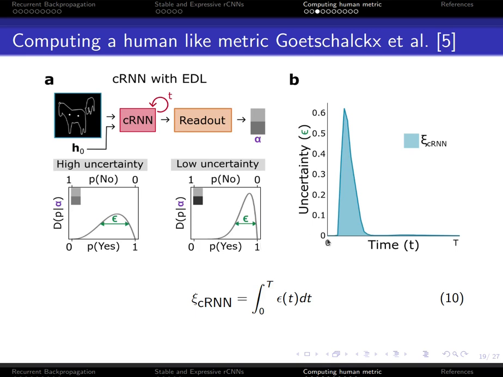So what they have now is a system where they can evaluate the uncertainty at each time step that they evaluate their model. And they observe this phenomenon where the uncertainty increases in the beginning and then decreases in the end. They define a new metric, which is CRNN, which is basically the total uncertainty over time, the sum over all time steps.